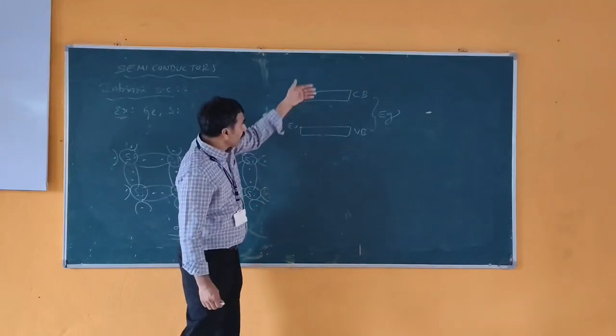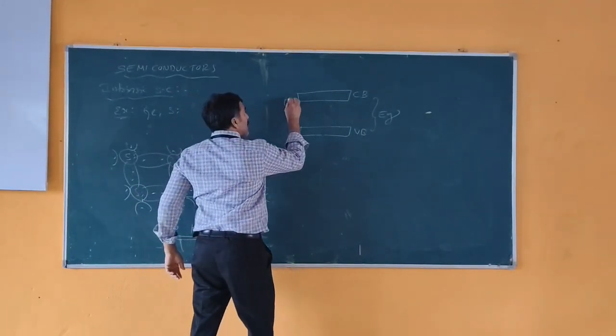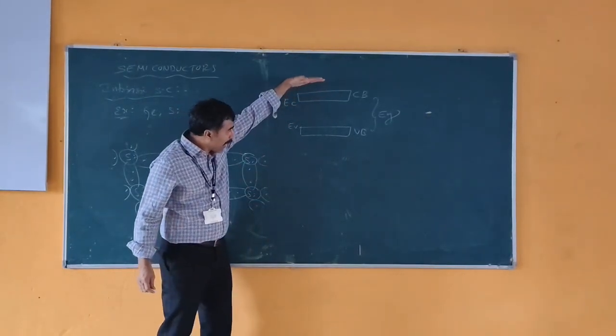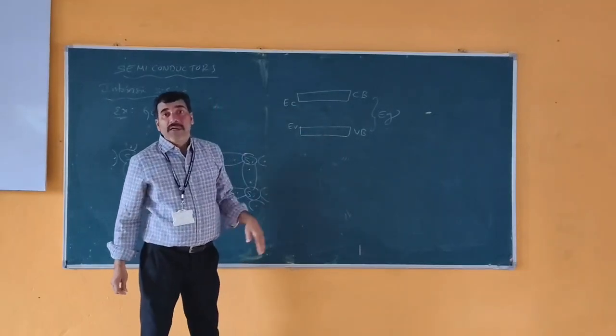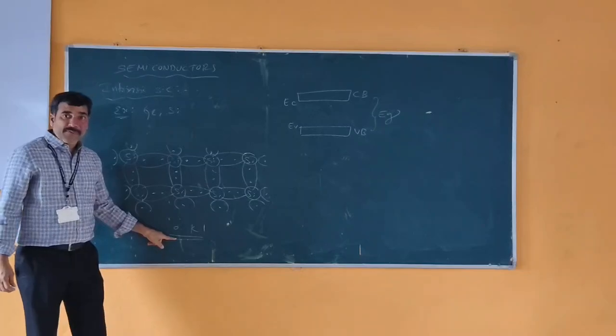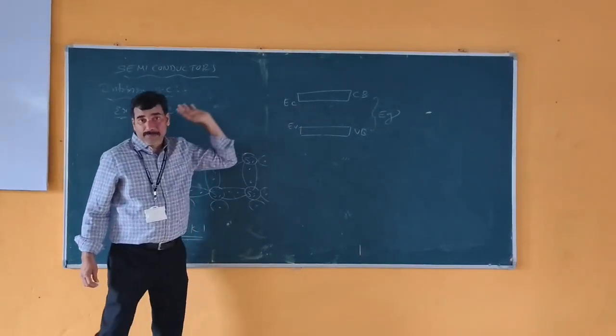Similarly, the conduction band energy is denoted with the symbol EC, and it lies toward the downward surface. So at 0 Kelvin, this is the structure form, and similarly, this is the energy band form.